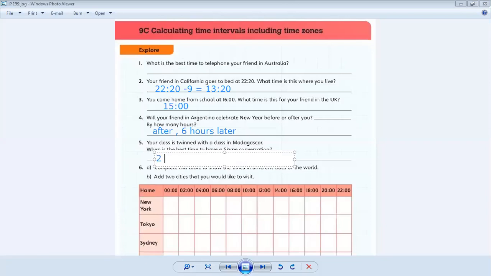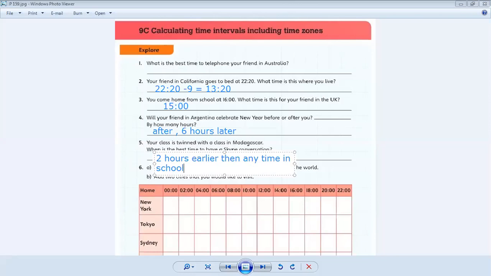Just 2 hours. It's 2 hours earlier than us, a 2 hours difference. That's why you can call anytime in school time, because you are a school twin, like a sibling.